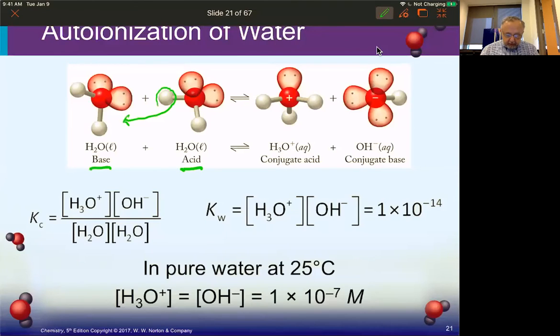If they do that, you're going to get a hydronium ion, and a hydroxide ion is going to be left behind. So an OH minus, which is here. Remember that when the H plus leaves as H plus, it leaves the electron pair behind.